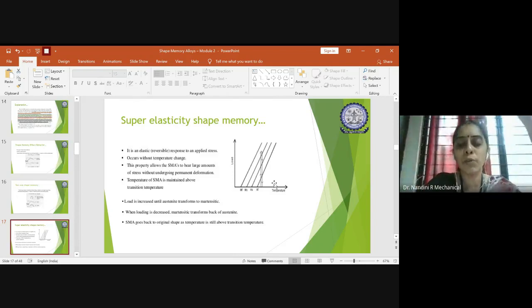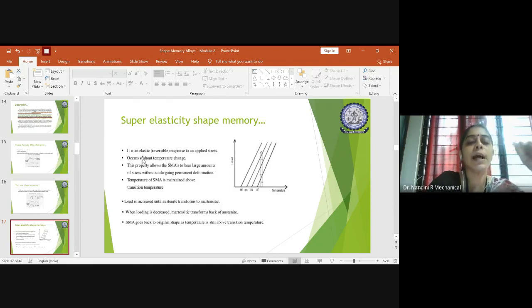It can bear any amount of load or any amount of heat you subject it to, because it has the capacity to come back, and hence it has a very good elastic response. That means it is very good at having a reversible reaction so that it comes back to its original position. This is one of the characteristics of superelastic shape memory alloys.